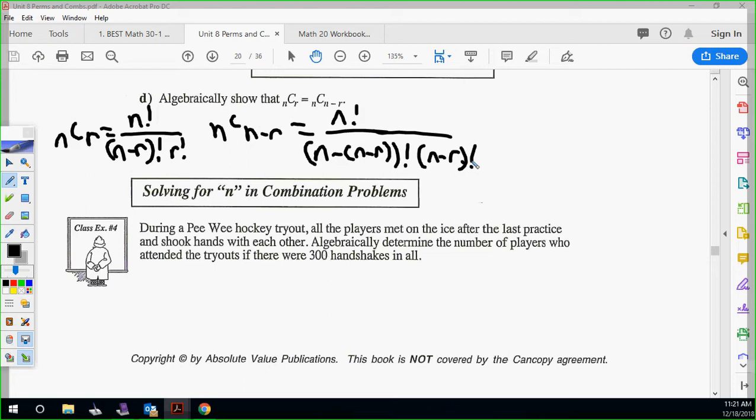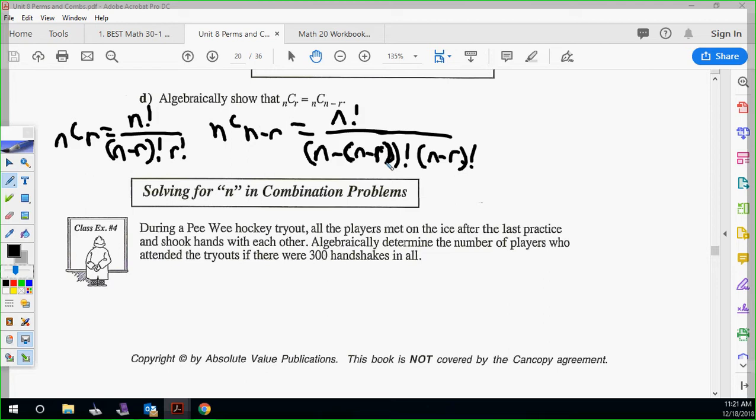So now I'm just going to simplify. What's this simplify to? What's that? Yeah. n minus n, right? This is an r. Bracket. Okay, so it's n minus n, right?